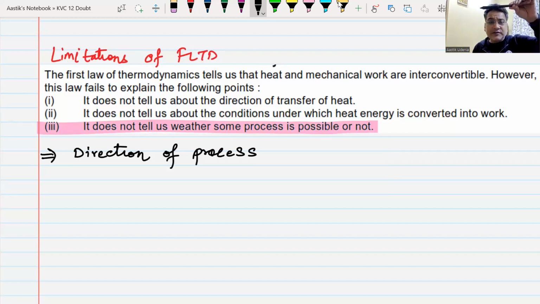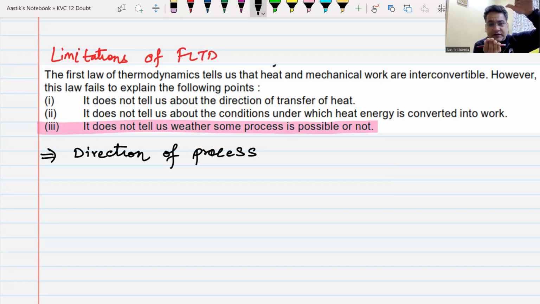That means if I put this pen here and this pen drops, what happens? At this point, the pen has potential energy. Now that energy has been converted into sound energy, heat energy, and it got dissipated. Now, according to the first law of thermodynamics, this process is obviously possible.